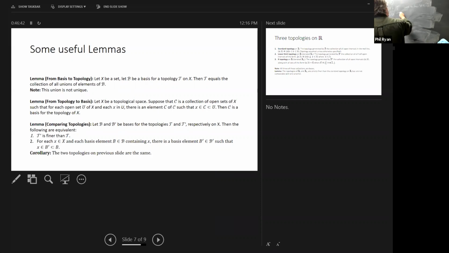So therefore there exists a B from the basis that generates T such that X is an element of B is contained within U. But by 2, we've got that X is an element of B prime, which is contained within B. And that's contained within U. So that tells us that U is an element of that other topology.